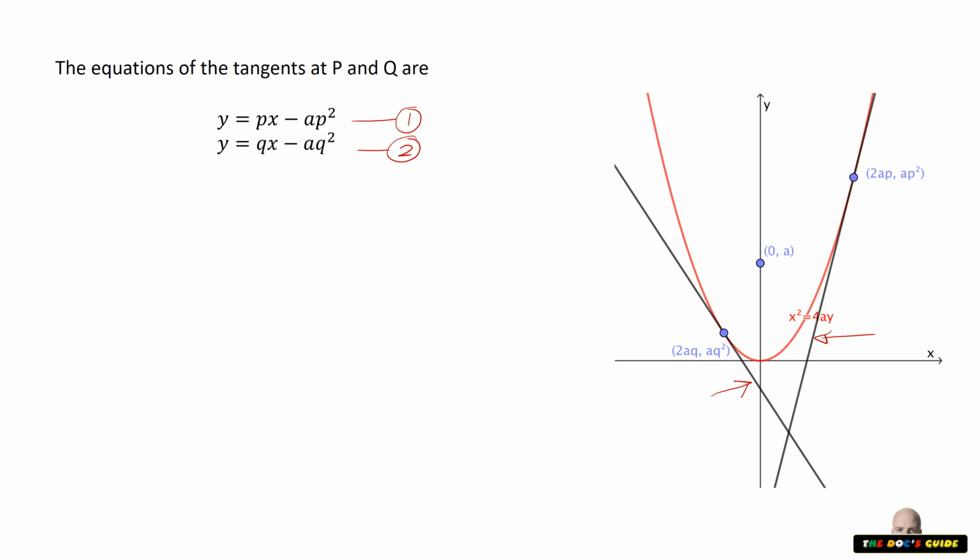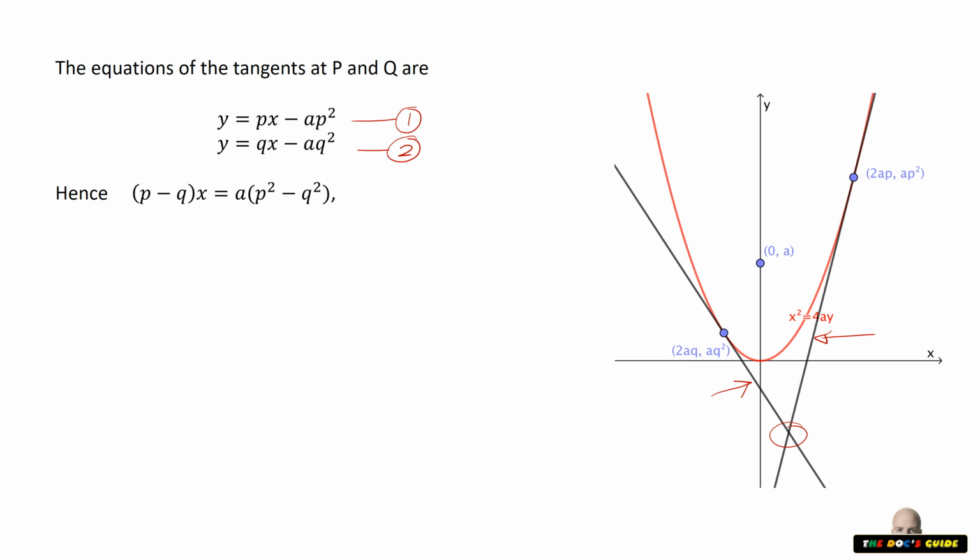So if we set those two expressions for y equal to each other, that will be our method for getting the point of intersection of the two tangents down here. So when we do that, we get p minus q outside of x equals a outside of p squared minus q squared.